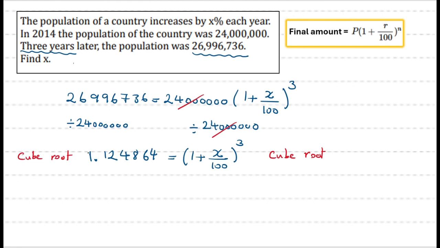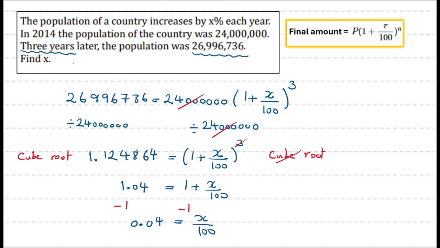Cube rooting the left hand side will give us 1.04, and cube rooting the right hand side will cancel the power 3. So we have 1 plus X over 100. We want to solve to find the value of X, so we subtract 1 from both sides. So we'll get 0.04 equals X over 100.